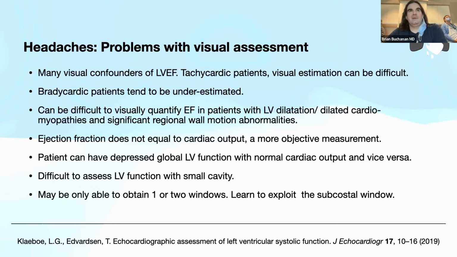And as I highlighted before, you can have depressed global LV function with normal cardiac output, and you can have an elevated ejection fraction with a low cardiac output, right? The patient who's hemorrhaging, for example, or severely dehydrated can have an EF of 100% and still have a very low stroke volume or cardiac output.